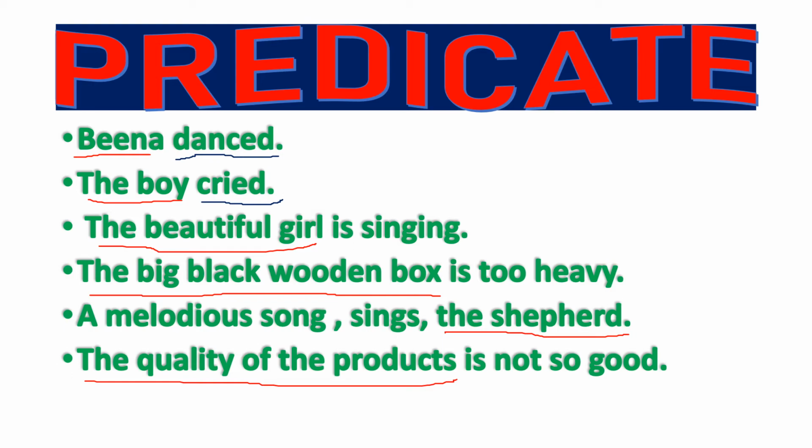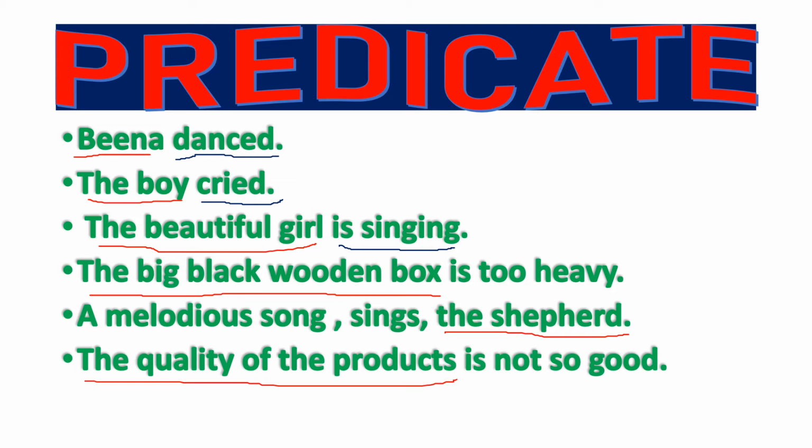Now, coming to the third sentence, the beautiful girl is the subject. After separating the beautiful girl from the sentence, what remains in that sentence is is singing. So is singing is the predicate of that sentence.